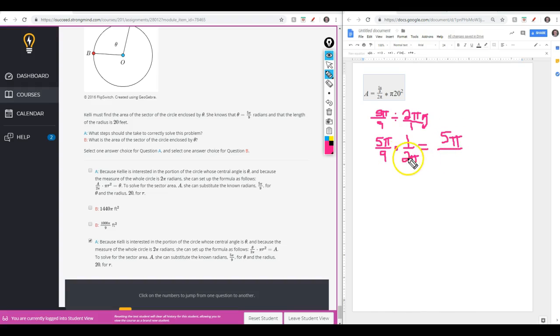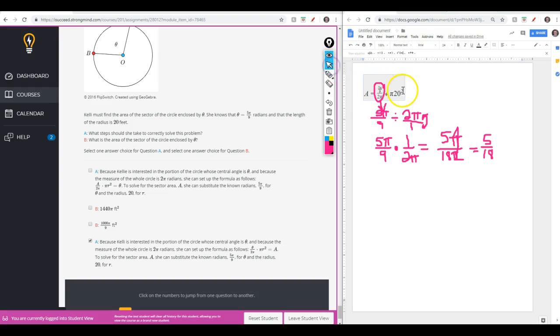And 9 times 2 pi is equal to 18 pi. How I did that is I just multiplied 9 times 2, which is 18, and I kept the pi. So now we have pi divided by pi, which reduces down to 1, so this is actually just 5/18 right there.